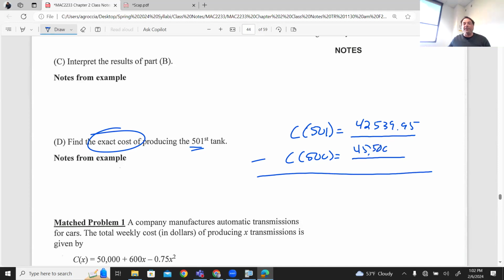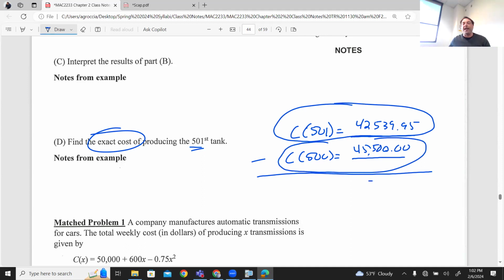Now, thinking wise, this is how much 501 cost. This is how much 500 cost. If you subtract them, you're left with just the 501st. Now, you're going to tell me, hey, the exact cost for 501 is $39.95.